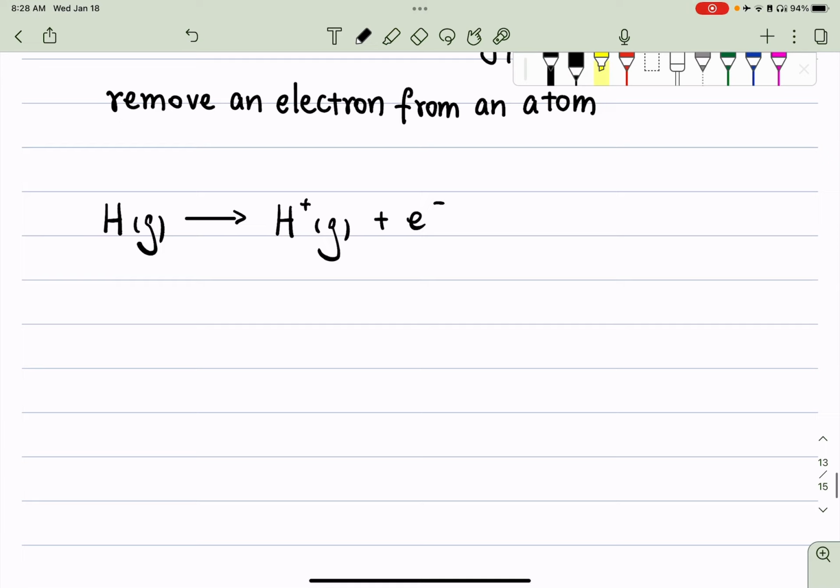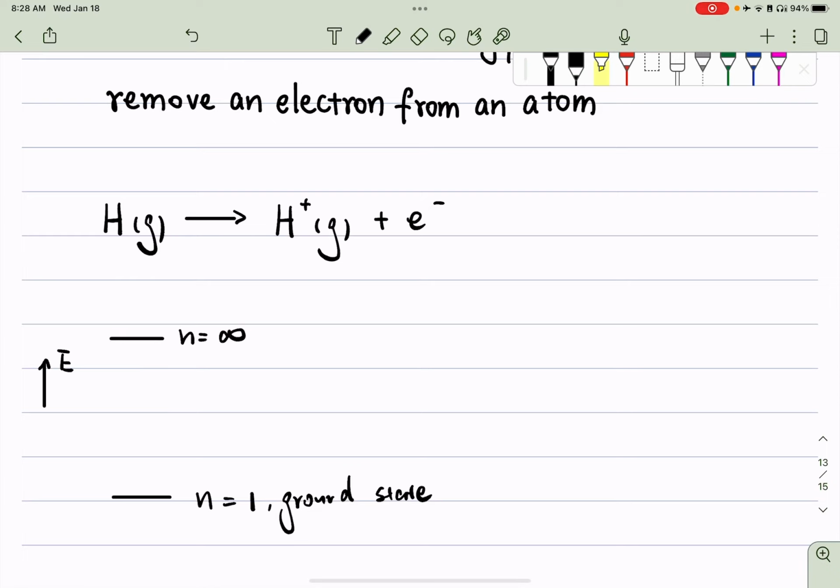And if we look at the energy diagram, what we mean by completely remove is that the electron originally stays in n equals 1, the ground state. And completely removed means my energy level is n equals positive infinity.